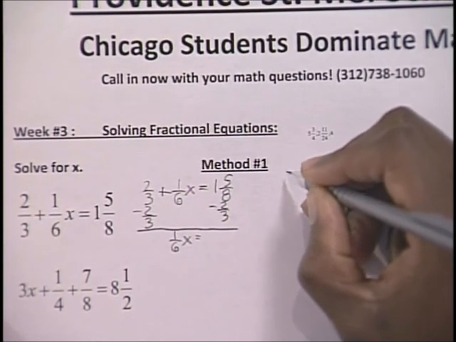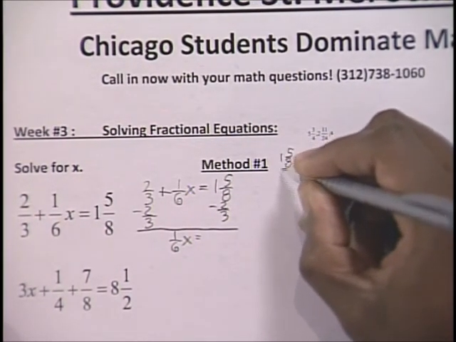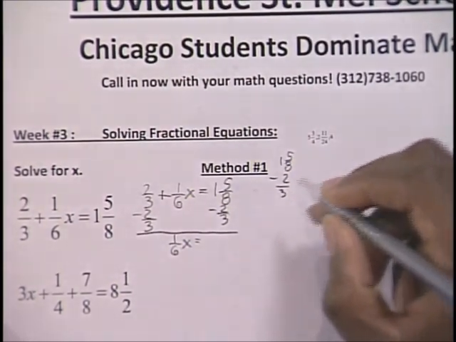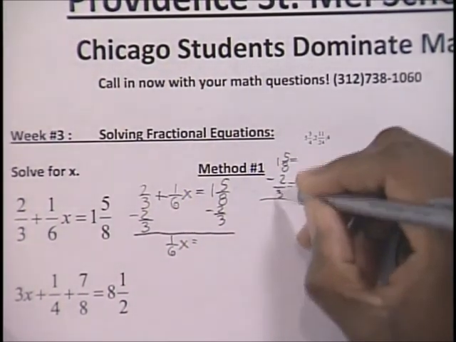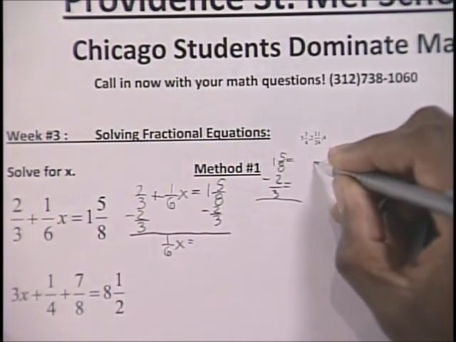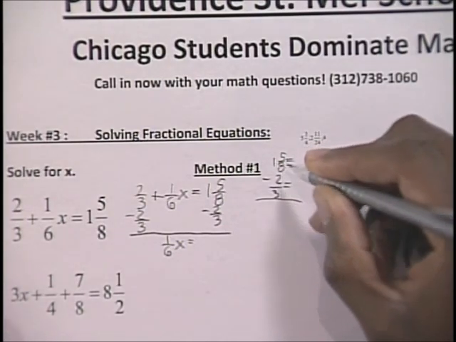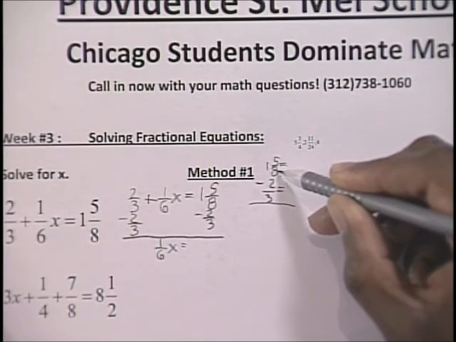Let's go off to the side and figure that out. We have 1 5/8 minus 2/3. You need a common denominator whenever adding and subtracting. The way you find a common denominator is you first examine the largest number, which in this case is 8.